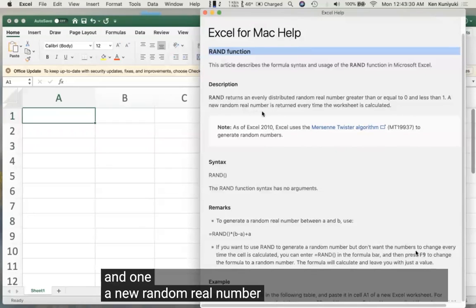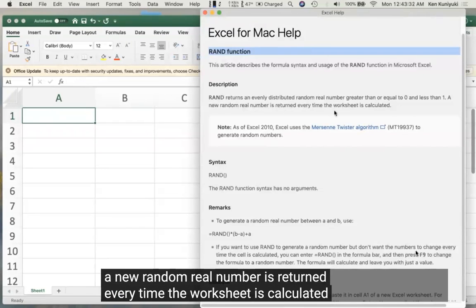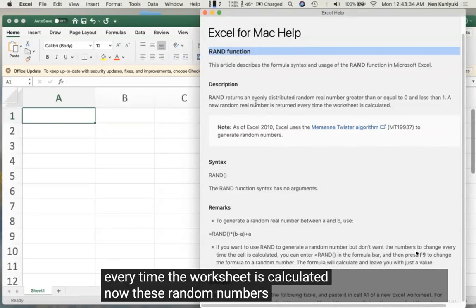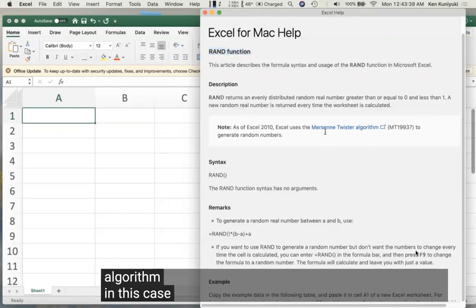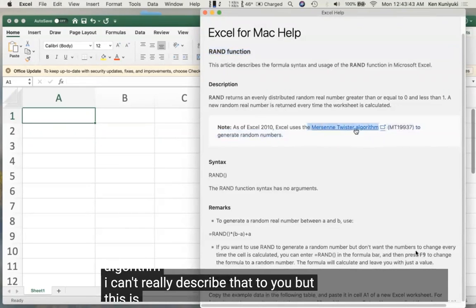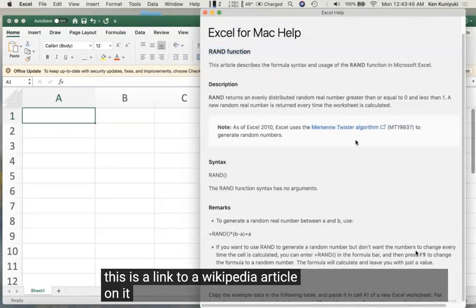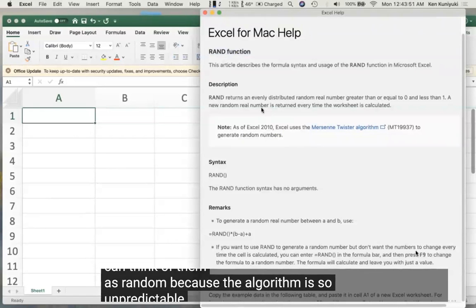A new random real number is returned every time the worksheet is calculated. Now, these random numbers are really pseudo-random numbers. They come from an algorithm. In this case, the Mersenne twister algorithm. I can't really describe that to you, but this is a link to a Wikipedia article on it. But for all practical purposes, we can think of them as random because the algorithm is so unpredictable in its nature.